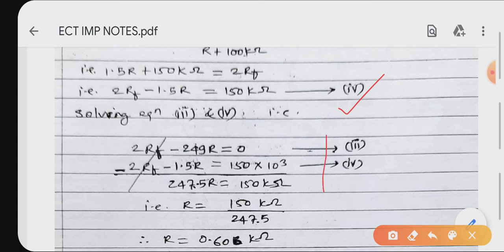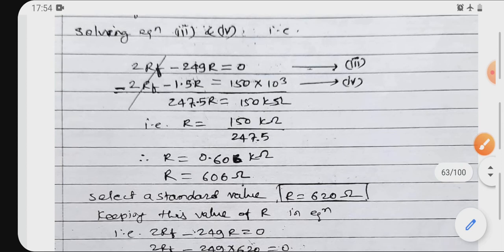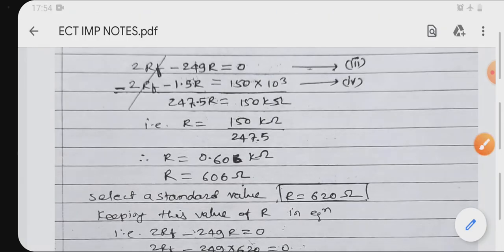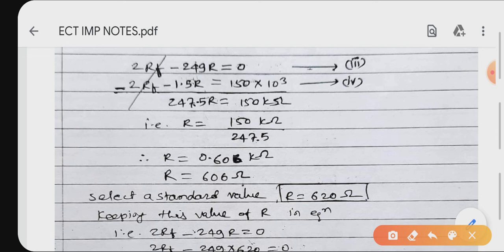So solving these two, you will get the value of R equal to 606 ohms. So you can select the standard value from the data sheet as R is equal to 620 ohms.